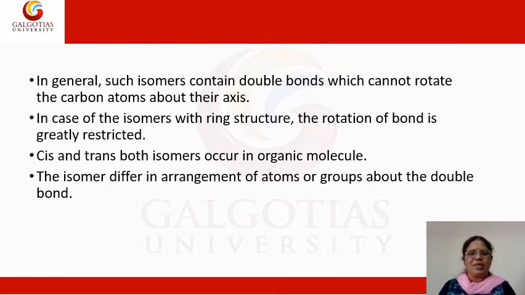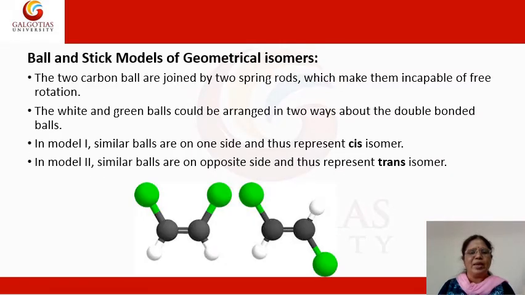If the molecule has a ring structure, then the rotation is even more restricted. Both cis and trans isomers are exhibited by such molecules and they also occur in organic molecules. The isomers differ in the arrangement of atoms or groups around the double bond and accordingly they can be named cis and trans.